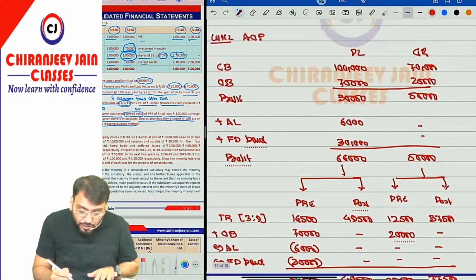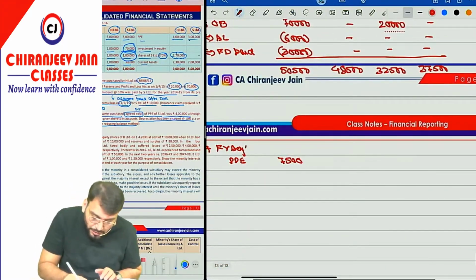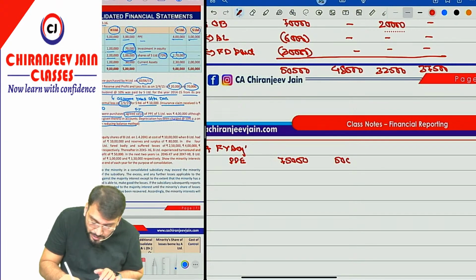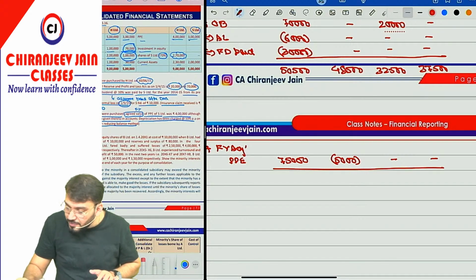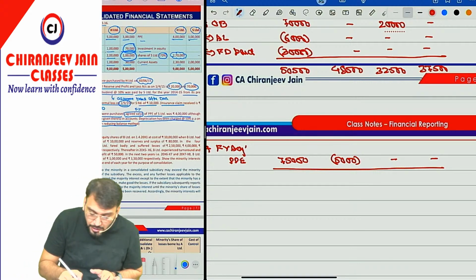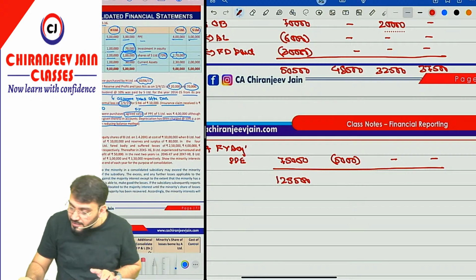And your post acquisition depreciation was how much? That was 5,000. So add 75,000 here and deduct 5,000 from this. Correct. So this is coming how much? Tell me. So it is 50,500 plus 75,000 is 1,25,500. And this will be 49,500 minus 5,000.